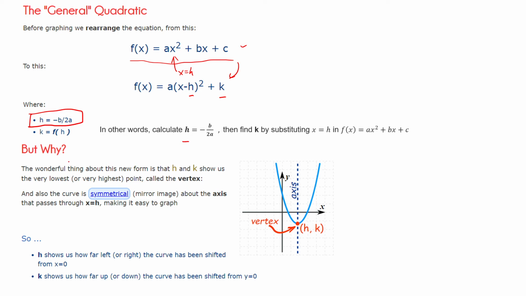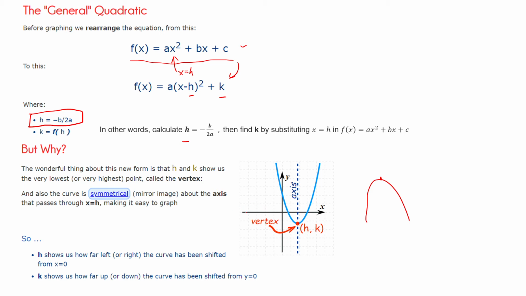The most important thing is why we need to do this. Why do we need to rearrange and change the form like this? Because the wonderful thing about this new form is that h and k show us the vertex, that is the lowest point or highest point of a parabola.